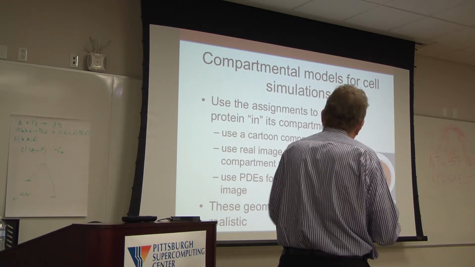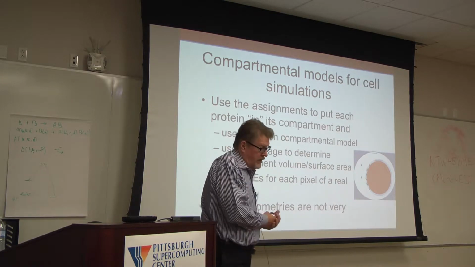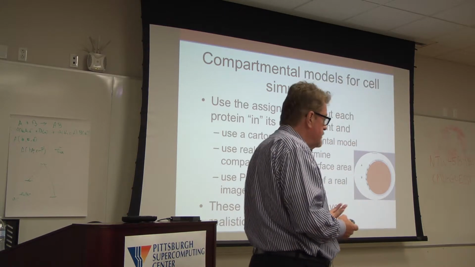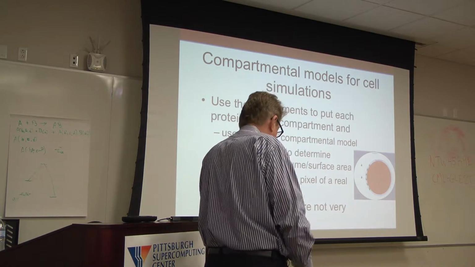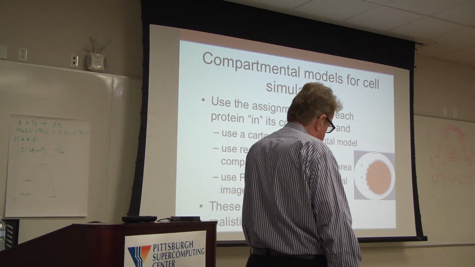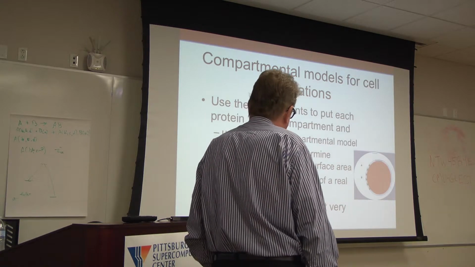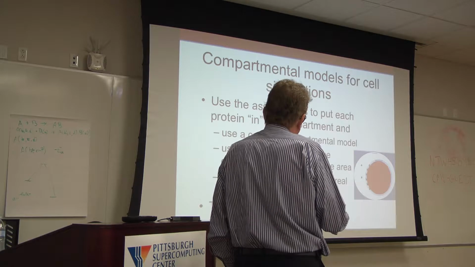Now, in parallel, a lot of cell simulations, which we've been talking about, are based on the idea of a compartmental model, that you define compartments within a cell and you say, okay, there's so much volume of the cell that is this compartment, lysosomes, nucleus, whatever. And again, we can do that with a cartoon.